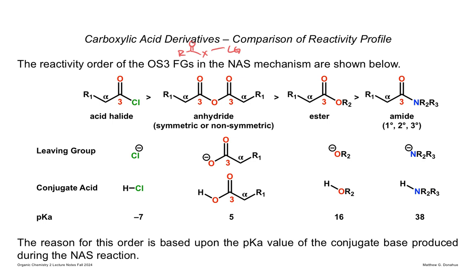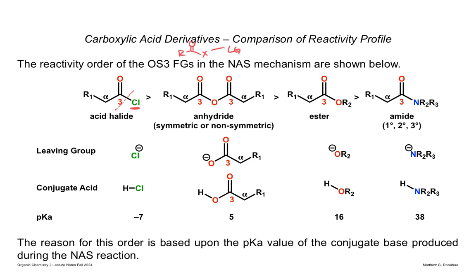And the logic of it is based on pKa. That's ultimately what it comes back to. So again, think of these things as your starting material. That's the bond you're trying to break, and then substituting that thing out.